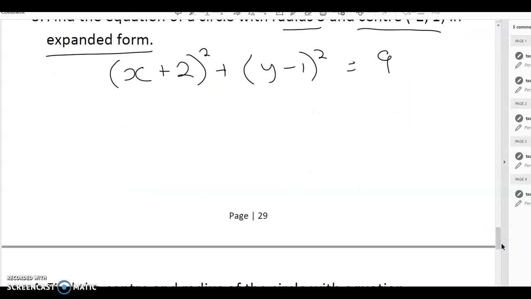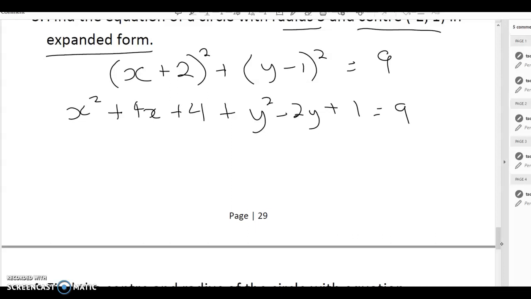Okay, so simplifying that, we've got x squared plus 4x plus 4 plus y squared minus 2y plus 1 equals 9.